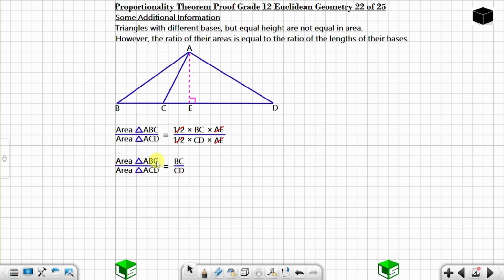Okay, the area of triangle ABC over the area of triangle ACD is equal to the ratio of the lengths of their bases. Okay, BC over CD. Okay, you can see. So please check lesson 23 of 25. We are going to learn about the ratio of areas of triangles.